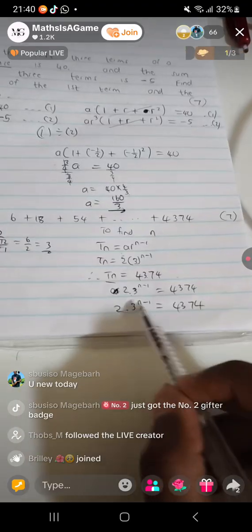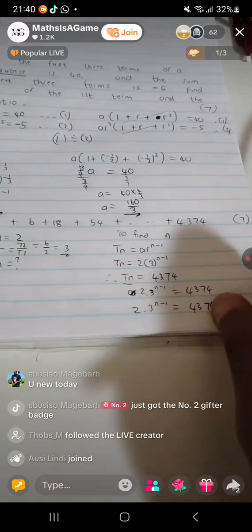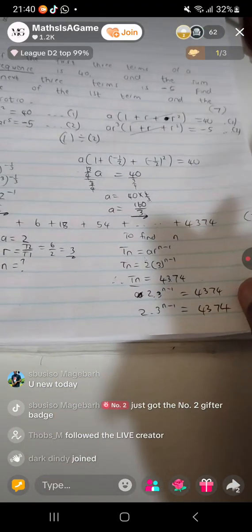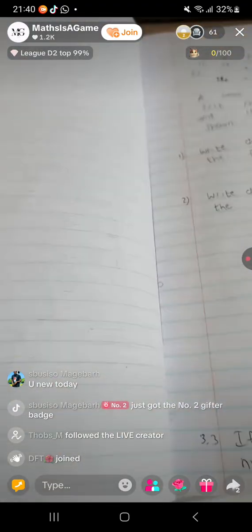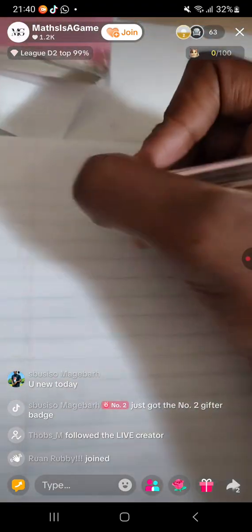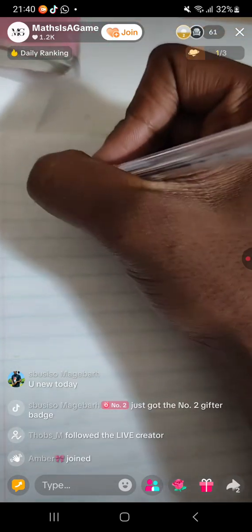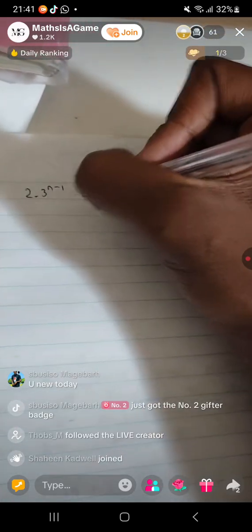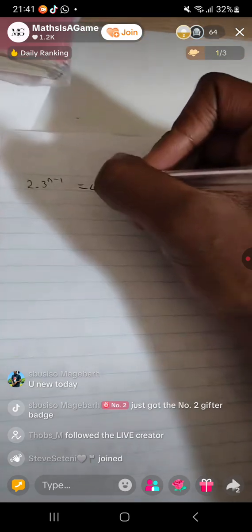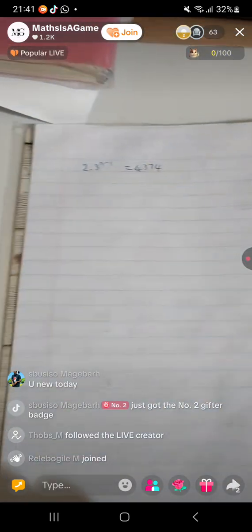So we are going to divide both sides by what? By 2. So let us do that. And what are we left with after we divide by 2? So I'm going to turn over my page, guys. 2 times 3 to the power n minus 1 is equal to 4,374. Is that correct? Okay, just want to verify that. Yes.